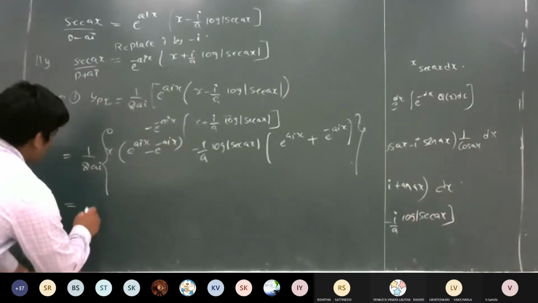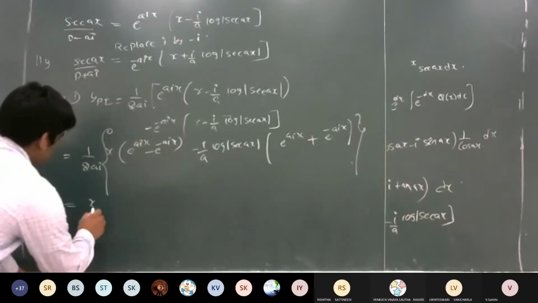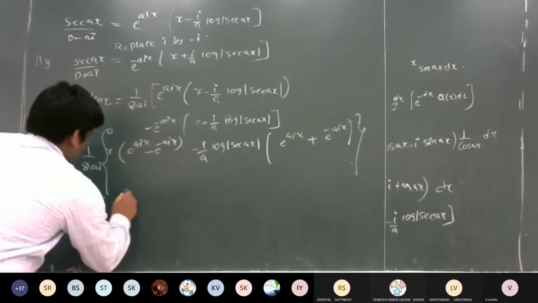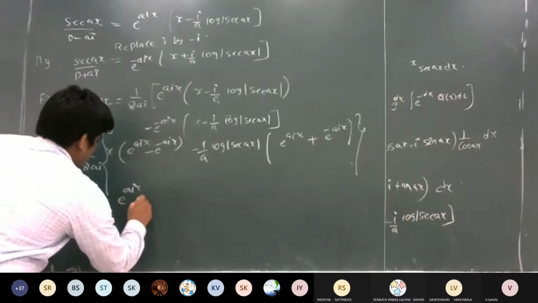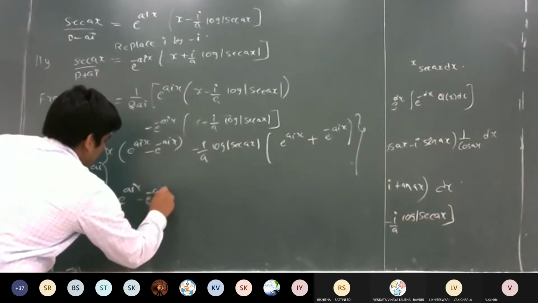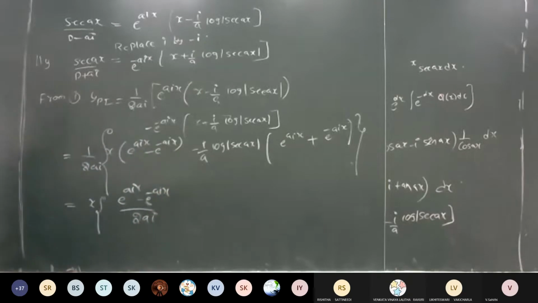Now this is equal to x into e power aix minus e power minus aix by 2ai by 2a.